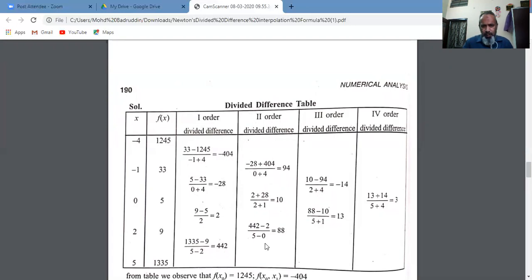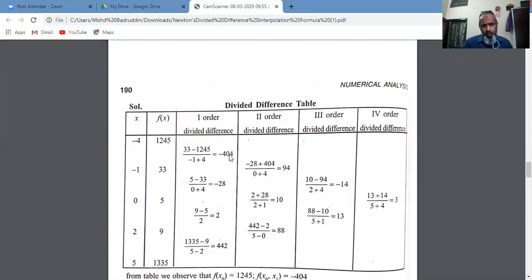So what is the second order divided differences? Again we have to subtract these two values. So this is f of x naught x1, this is f of x1 x2, f of x2 x3, f of x3 x4. So the difference of the first divided differences by (x2 minus x naught). So 0 minus of minus 4.